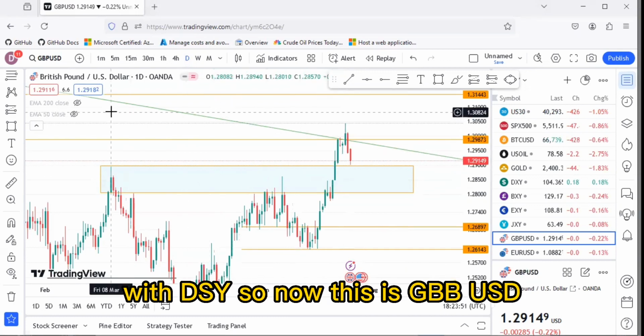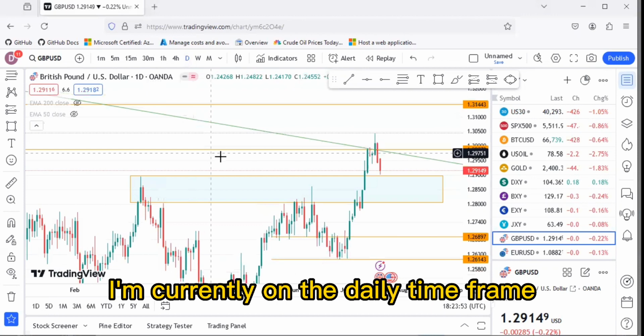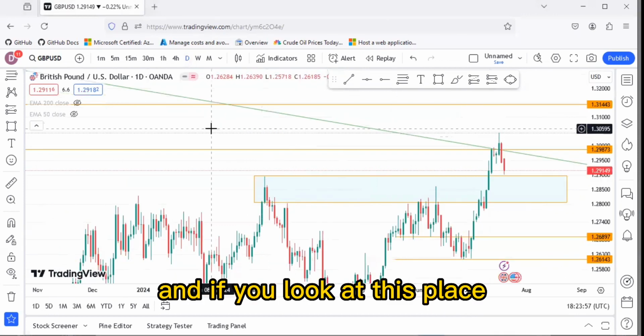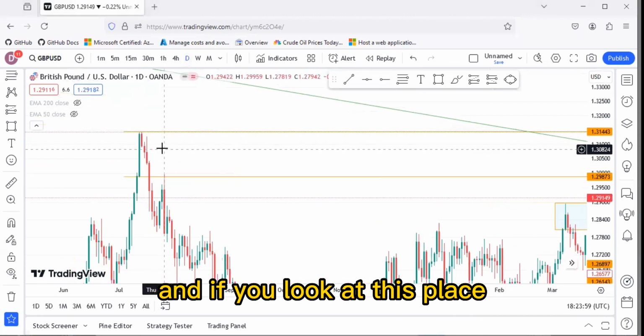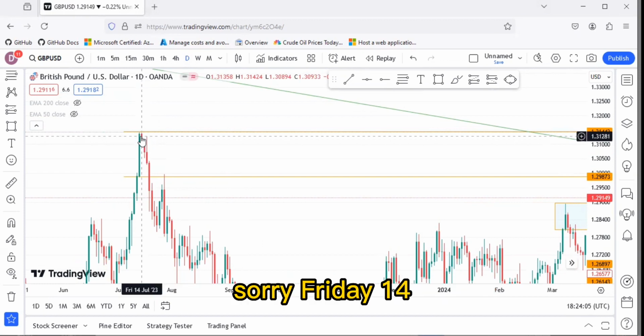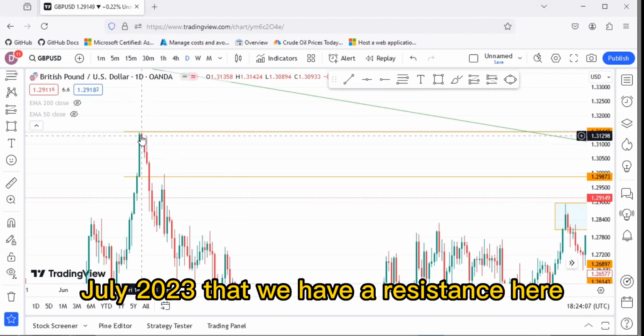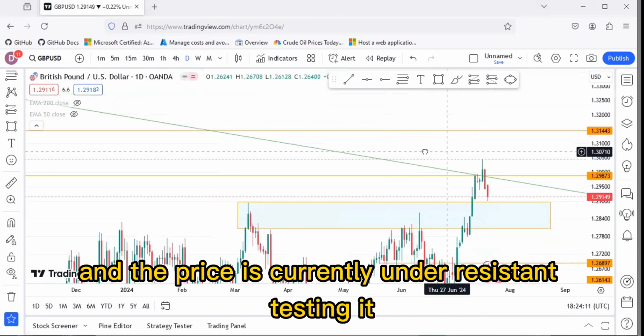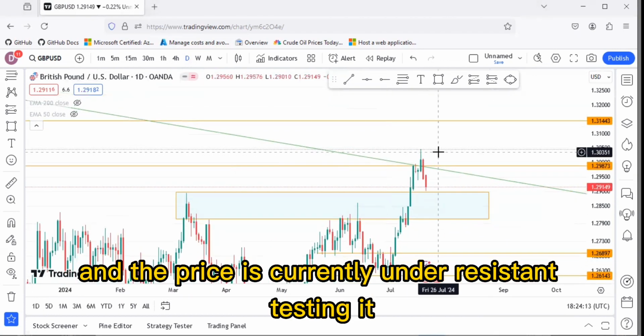So now this is GBPUSD, and I'm currently on the daily time frame. If you look at this place, Friday 14 July 2023, we have a resistance here, and the price is currently at that resistance, testing it.